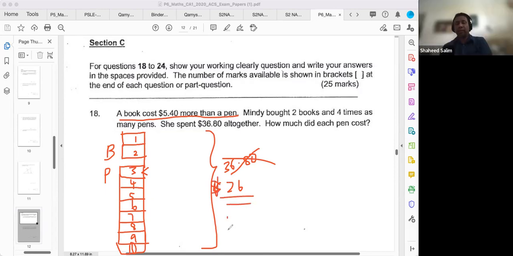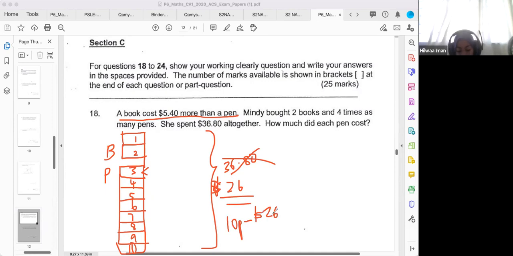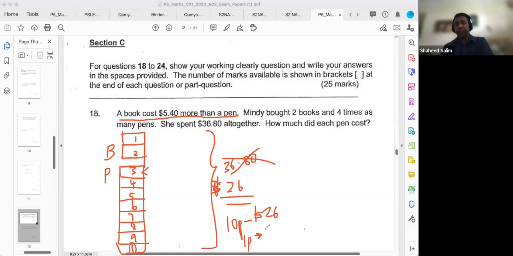One pen is 26 divided by 10. You shift the decimal place, 2.60. You know how to shift decimal place? So you understand the question?